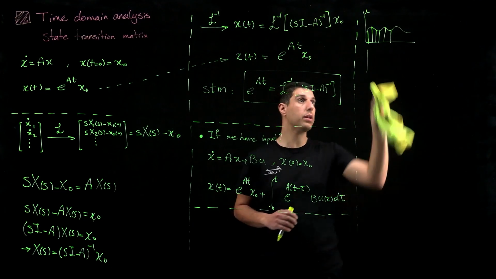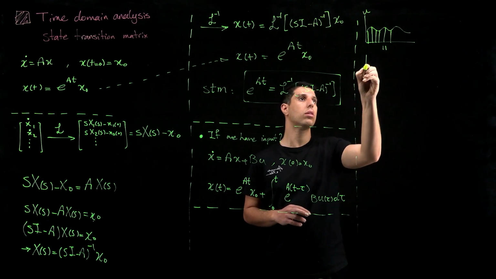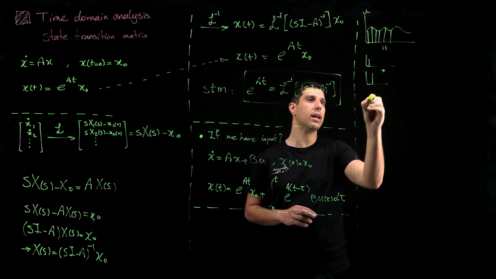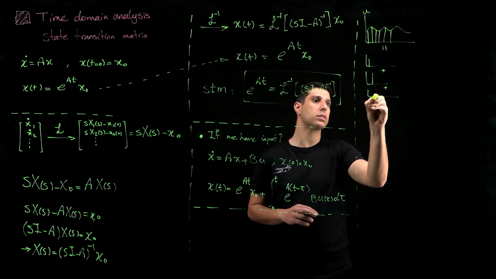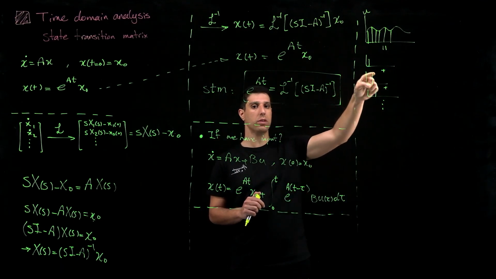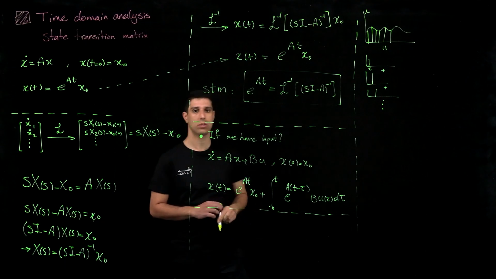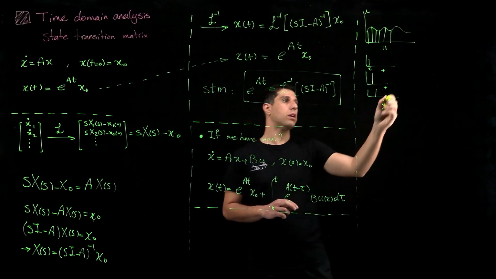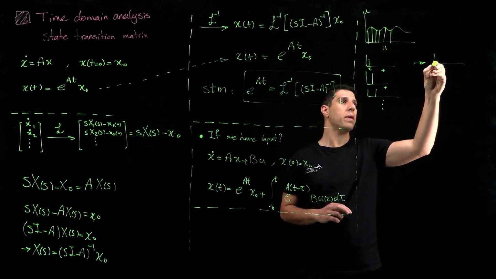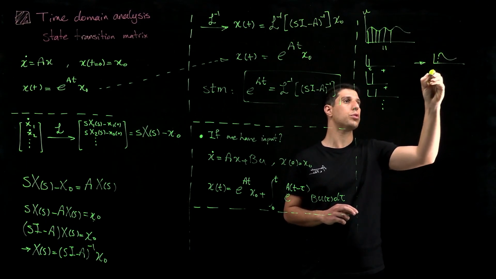Let me write it a bit smaller. So this u is equal to this plus that plus this and so on. So I'm stacking a bunch of impulses, one after another, happening at time tau. Because of each of these impulses, starting from tau, I may have a kind of response.